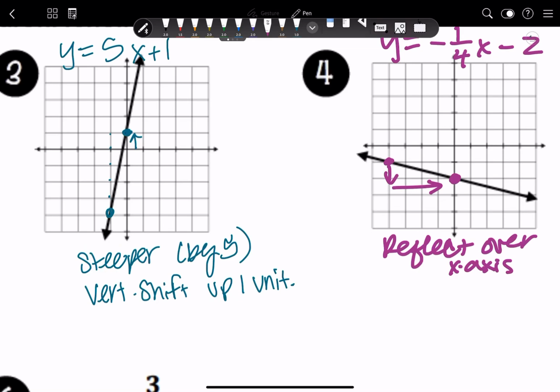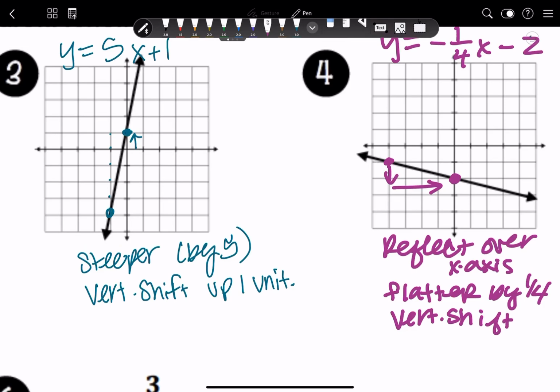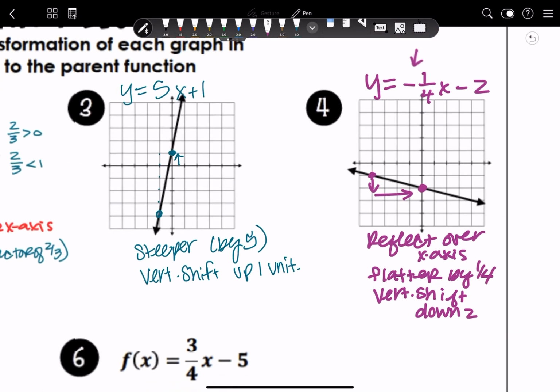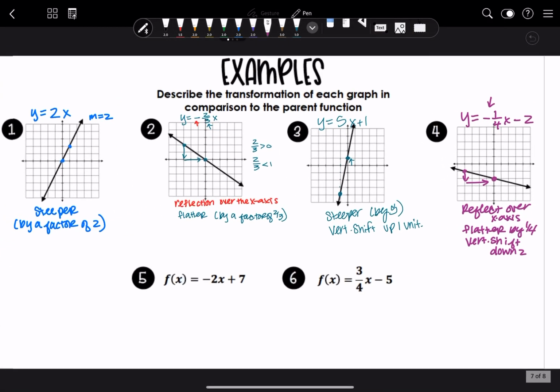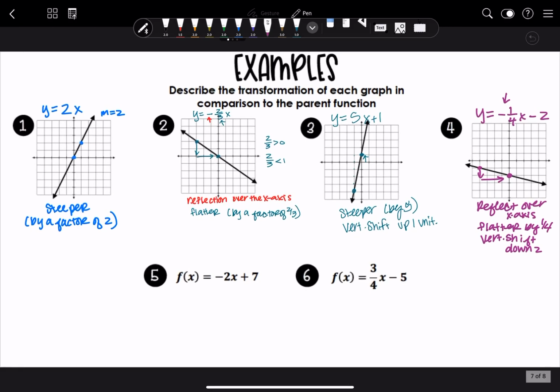Your slope is negative 1/4, but we're only going to concentrate on the 1/4 to notice that it's flatter. And that means we can also say by 1/4 here. It's going down 2 because our y-intercept was a negative 2.